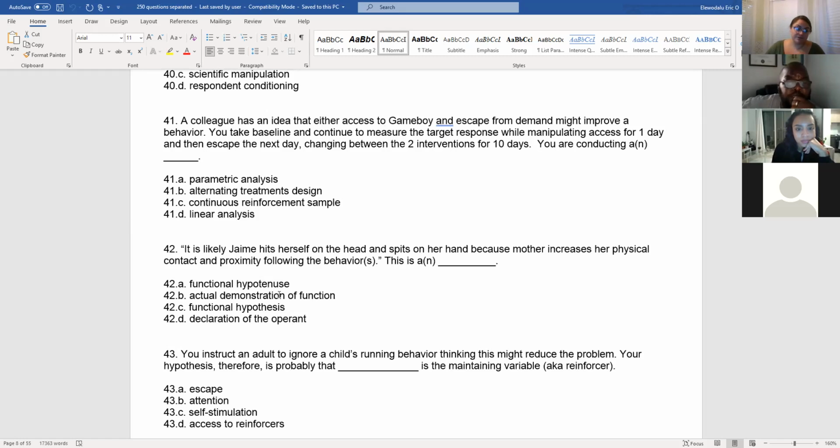You are conducting an alternating treatment design. You're switching between the two interventions. Let's say 41, B. All right. We're getting good at this.